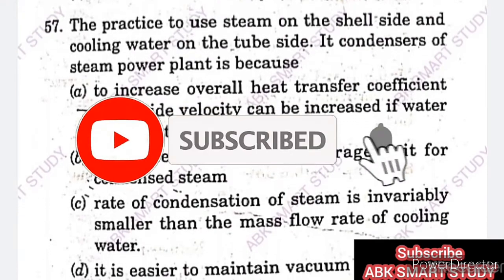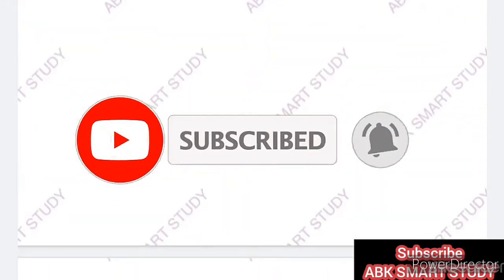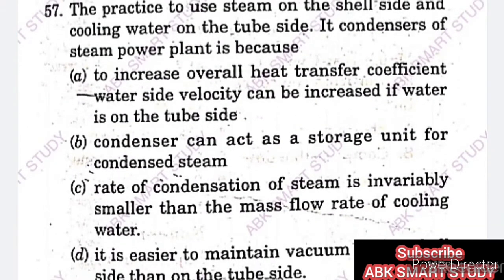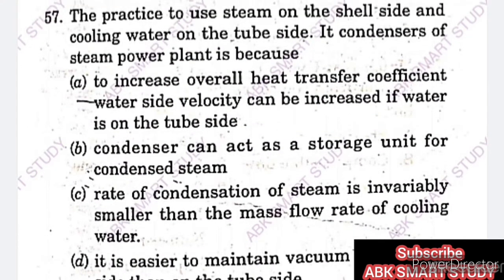So the practice to use steam on the shell side and cooling water on the tube side in condensers is to increase the overall heat transfer coefficient, since water side velocity can be increased if water is on the tube side.